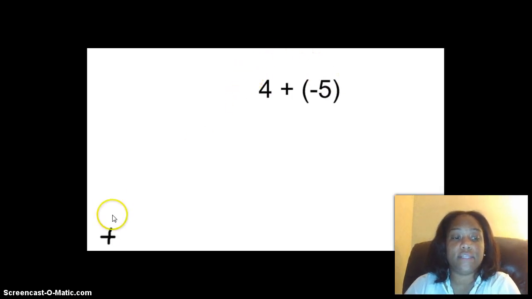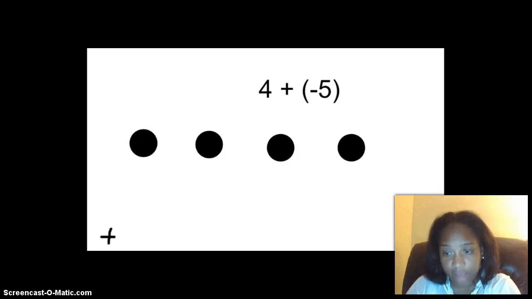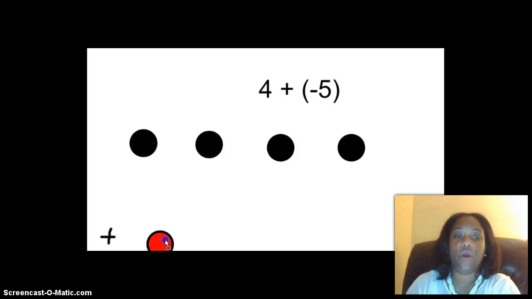So since black is positive, I need 4 black chips. 1, 2, 3, 4. Now, how many red chips do I need? Whoever said that in the blue shirt is correct. We need 5 red chips.